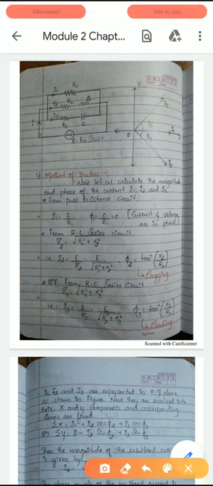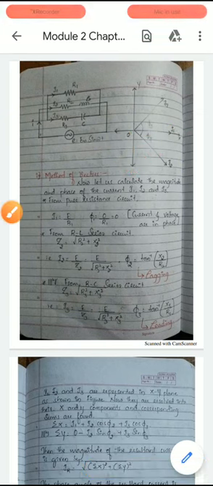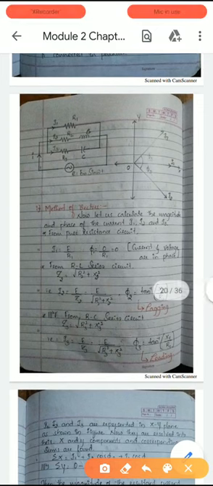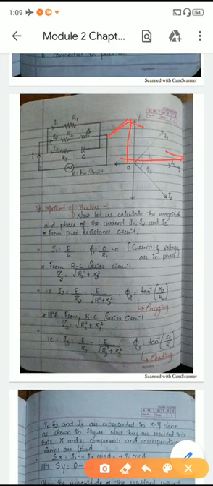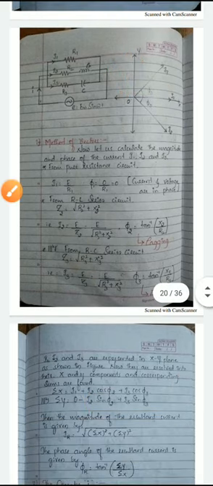Why negative? Because this is along the negative y-axis when I resolve it. Similarly I3 is here. If you resolve that, I will get the vector along the positive y-axis, hence it is positive I3 sin phi.